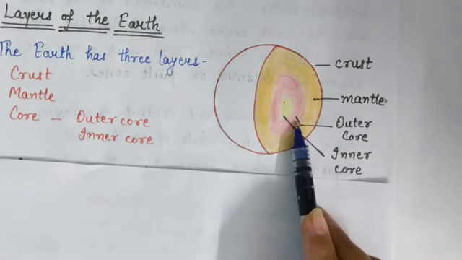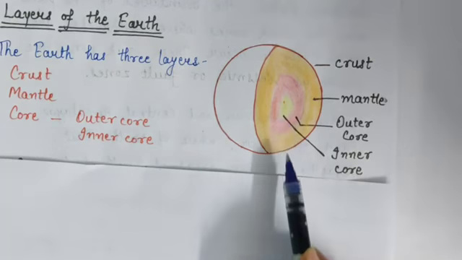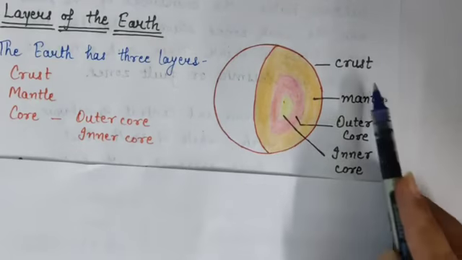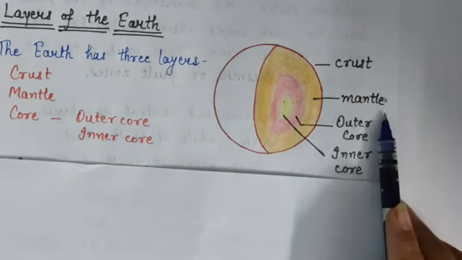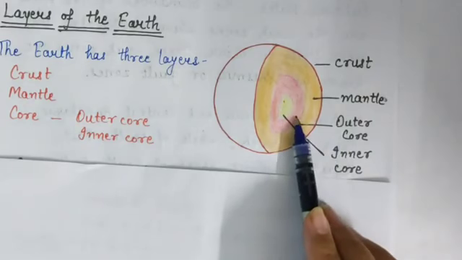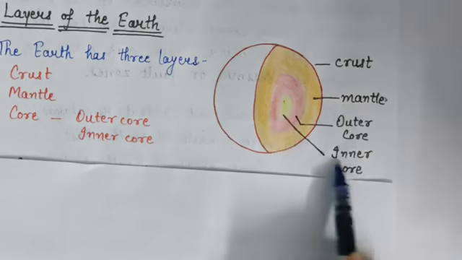This is an outer core and this is an inner core. So there are 3 layers of earth: crust, mantle and core.